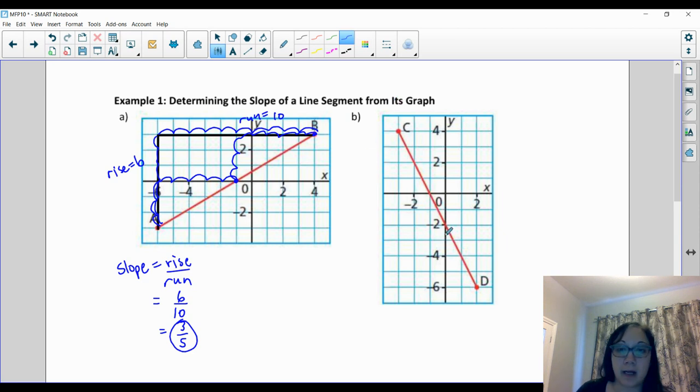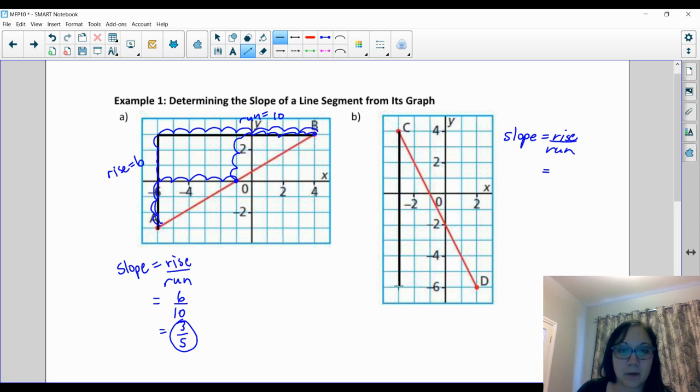Let's take a look at B. Now B, we notice right away it's going the other direction. It's going to have a negative slope, and I'll show you what that looks like in terms of a calculation. So the slope on B is rise over run. And we're again going to draw a few helper lines here. This time our rise is going downwards. So that's where we're going to get our negative. It's going to be a negative rise, but always a positive run.